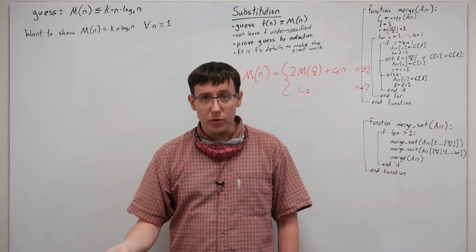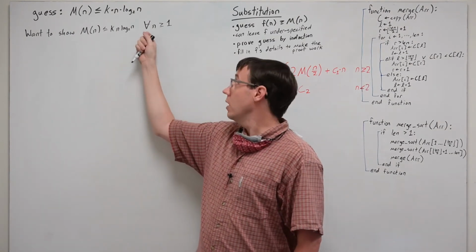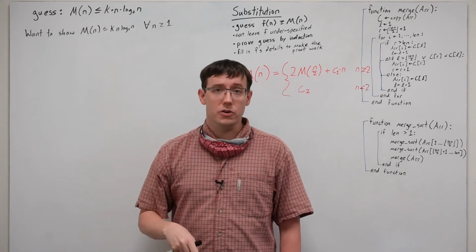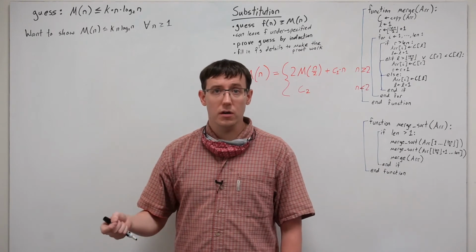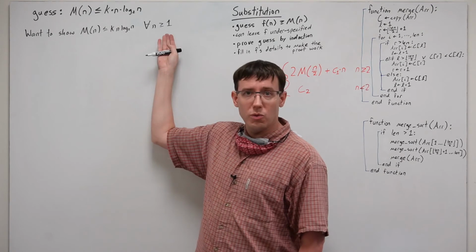Our inductive proof aims to show that this upper bound holds for all positive integers n, and so we start our induction with a base case of the smallest input we care about, which is n equals 1.